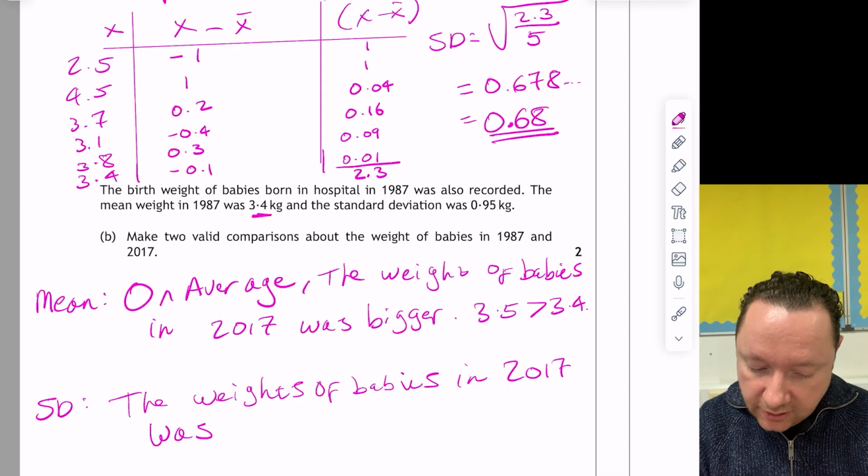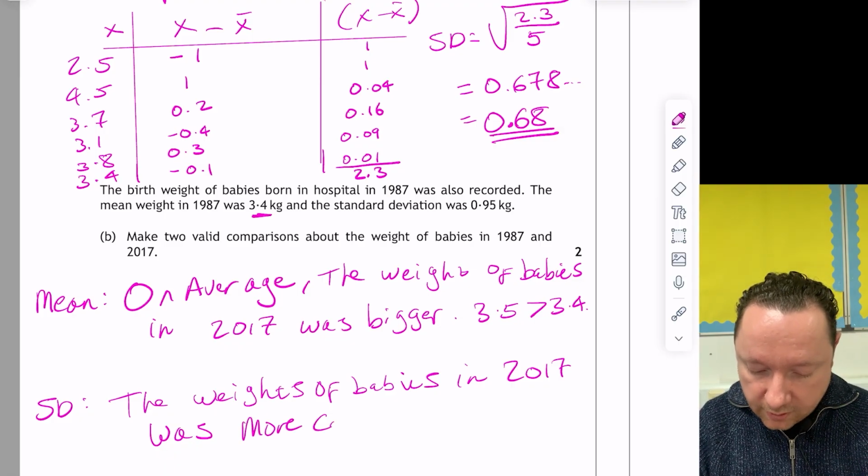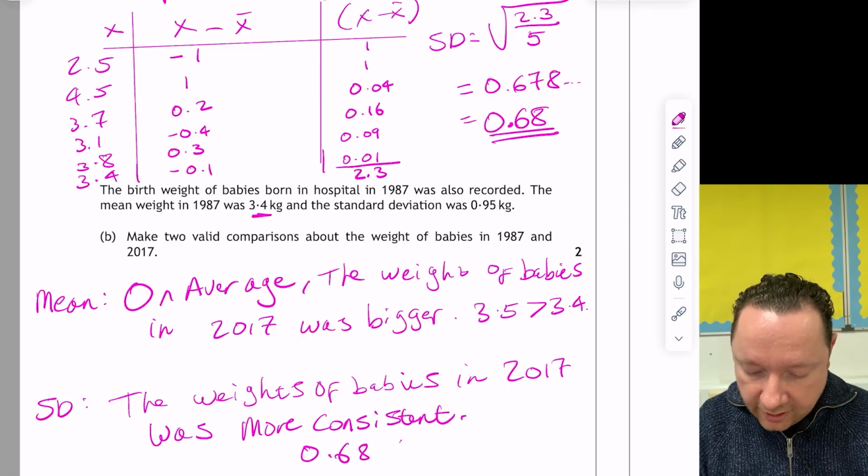So I've got 0.68, they've got 0.95, so more consistent. And that's because 0.68 is less than 0.95.